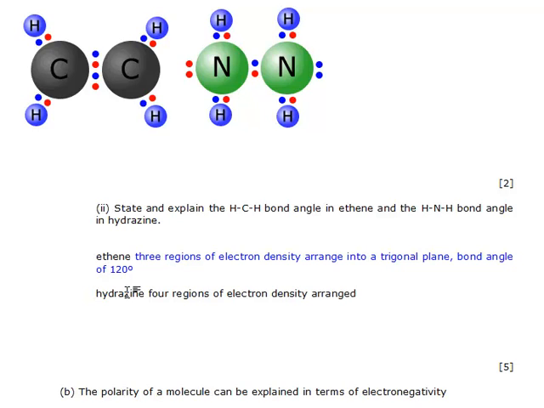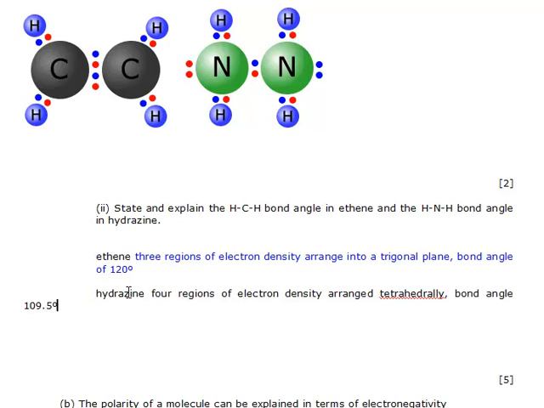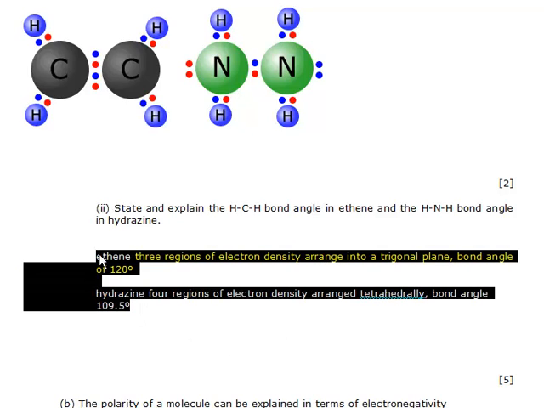Arranged tetrahedrally. Now a tetrahedral bond angle is 109.5 degrees. So we'd expect the bond angle between the hydrogen, nitrogen, hydrogen to be 109.5 degrees for our 2 marks.